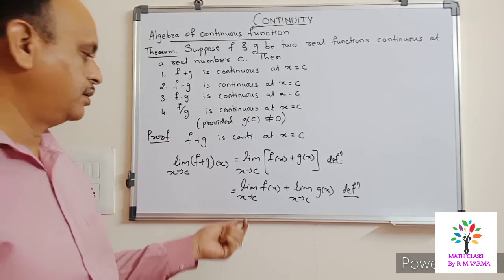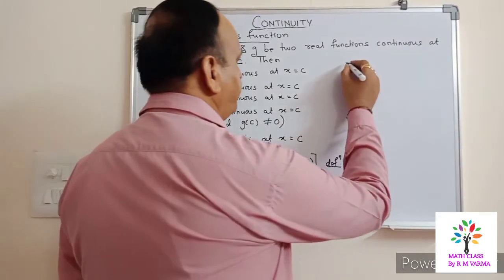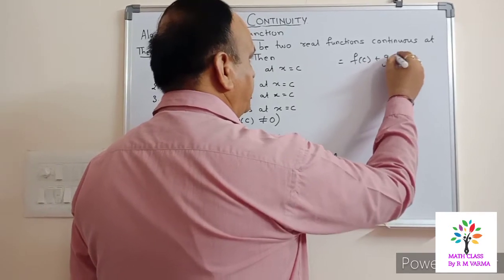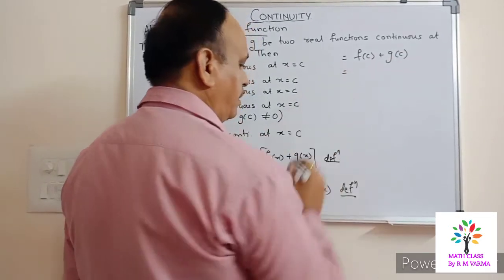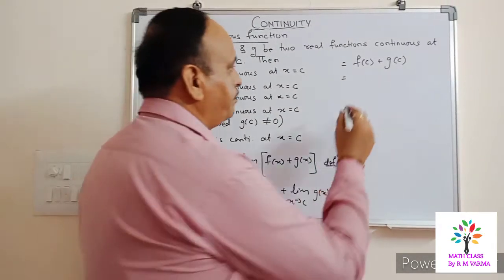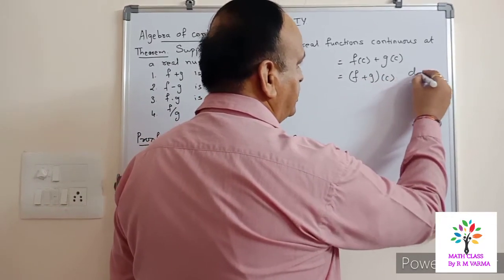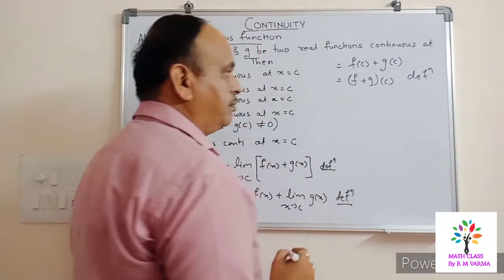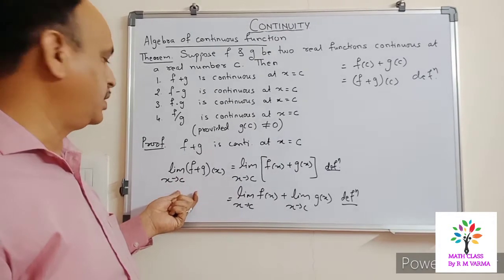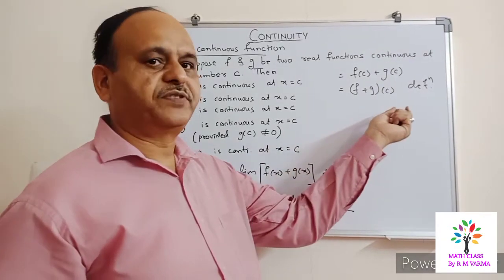Now we find the limit. When we put the value, we get f of c plus g of c. When we write like this, further it can be written as (f plus g) of c. Again, this is by the definitions which we studied. So limit x tends to c, (f plus g)(x) equals (f plus g) of c.